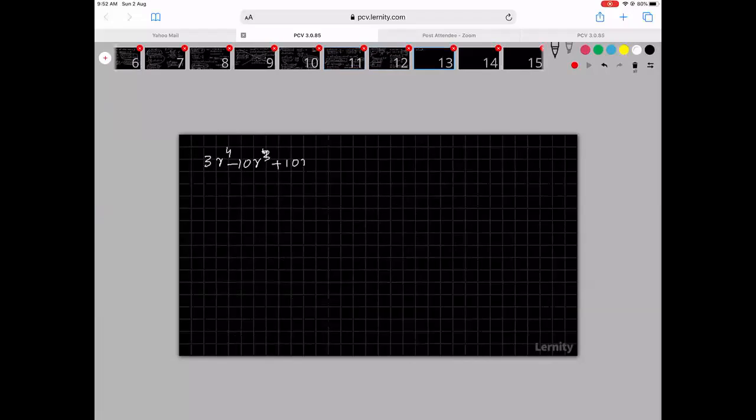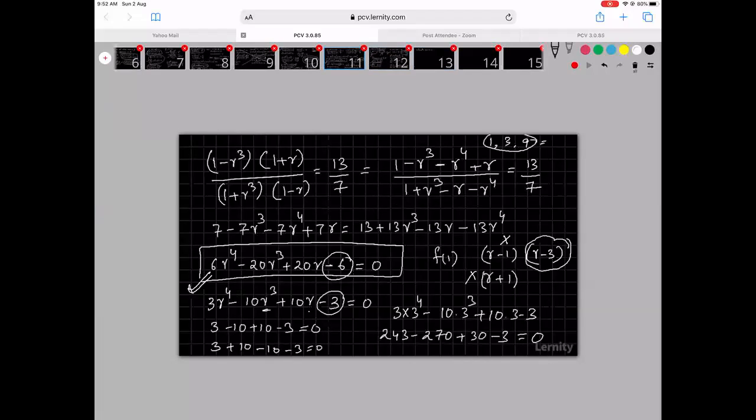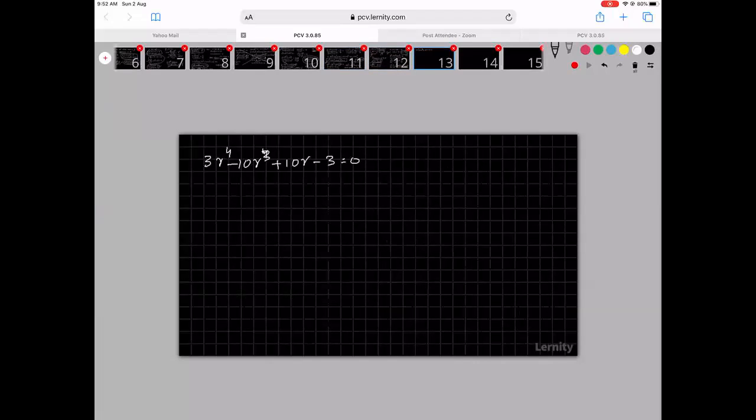Okay, so if R is equal to 3, then the next one that will work out will be 1 by 3. Let us check it out. 3 into 81, so we are talking about minus 3 plus 10 into 270. Obviously, it won't work out.